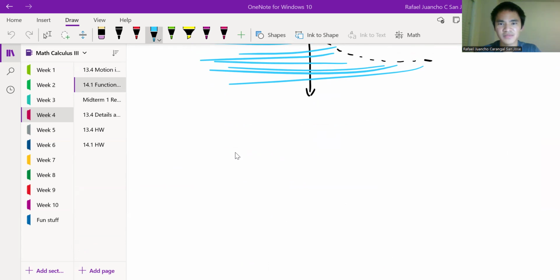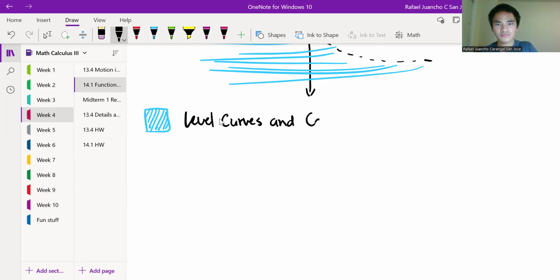Level curves and contour maps. Okay, I'll just go through the basics and then we'll see what we can do from there. So, level curves and contour maps.